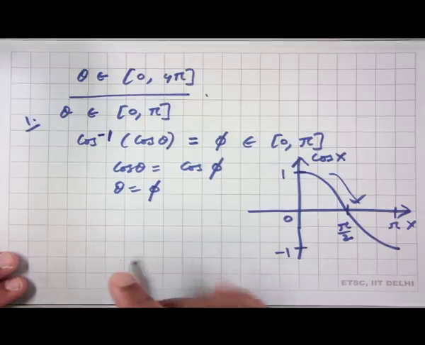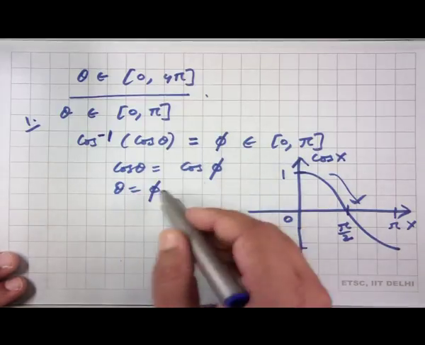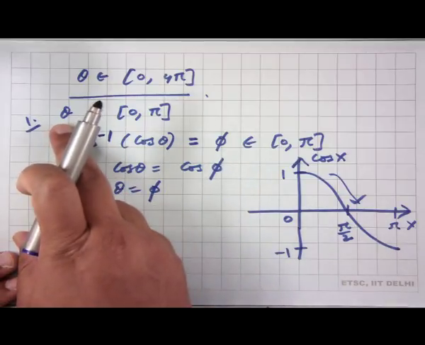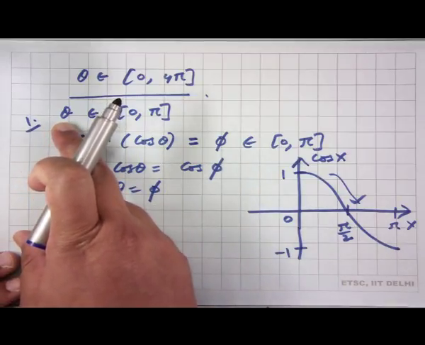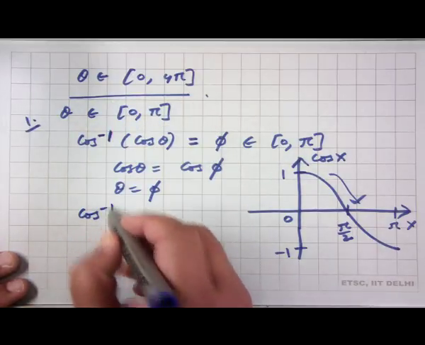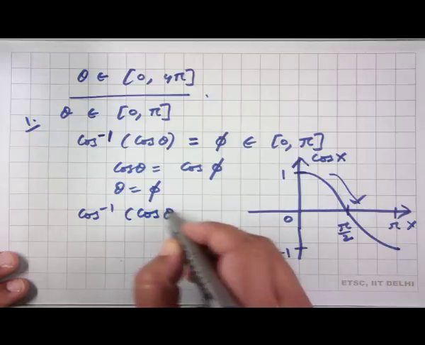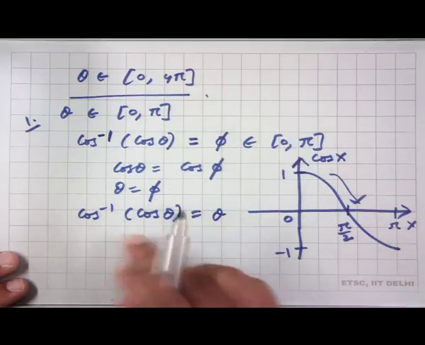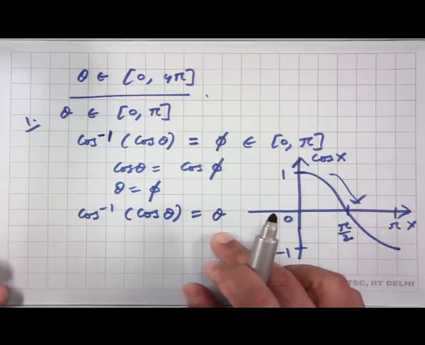So, for the first case, when theta belongs to 0 to pi, cos inverse of cos theta is equal to phi, which is theta. So, cos inverse of cos theta is theta itself.